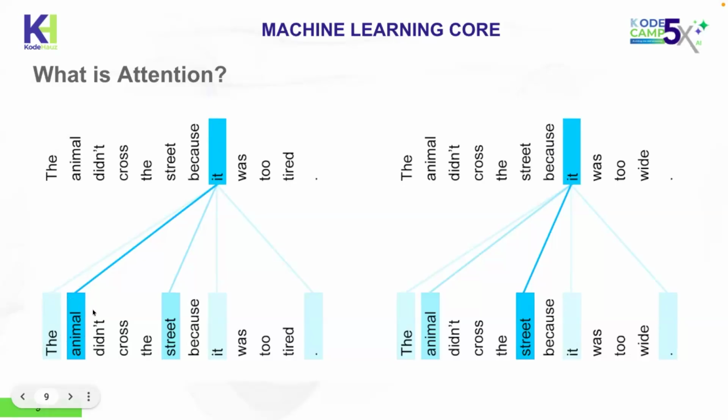So the weighting it has learned demonstrates that it is most influenced by animal. Then street also has a little influence, but not as much as animal. Then the "it" itself, of course, is what we call self-attention: how much is it influenced by its own self? These two tokens are basically the same thing. Then you have the period.